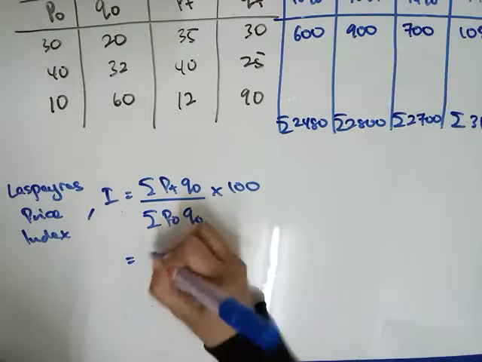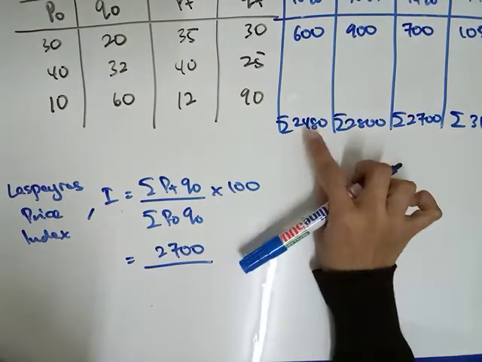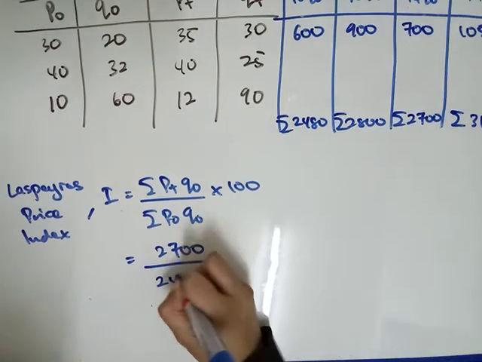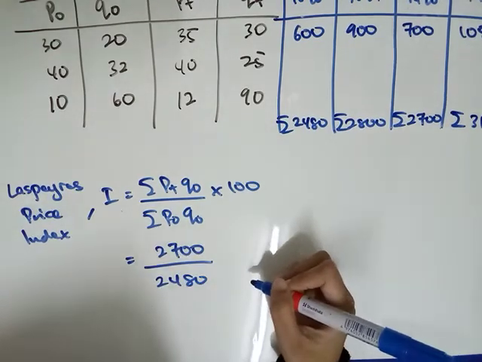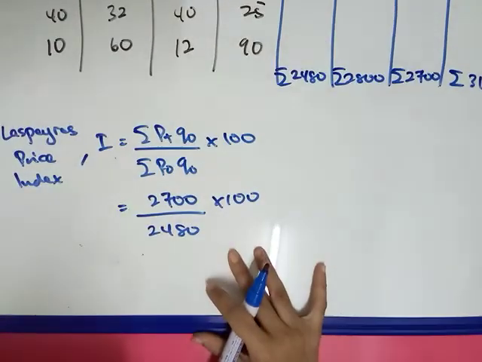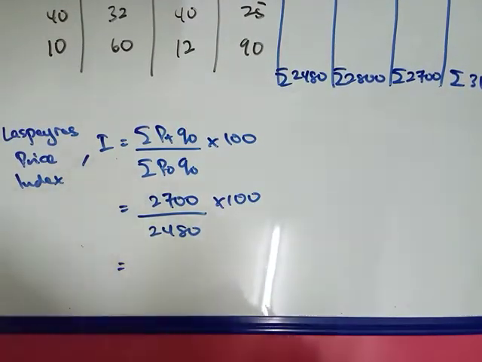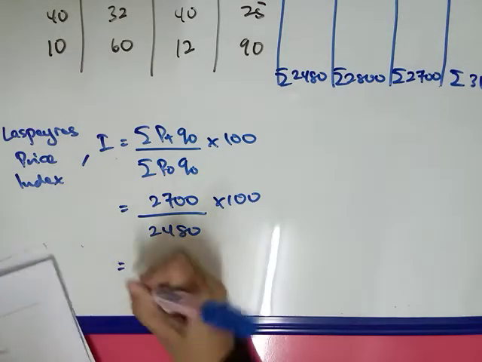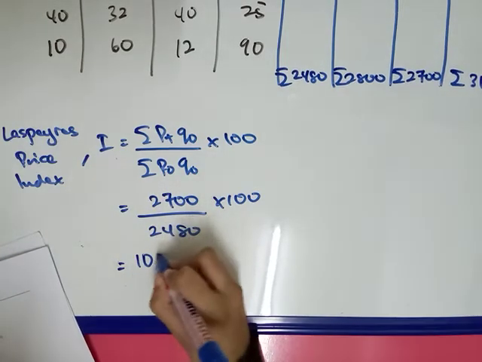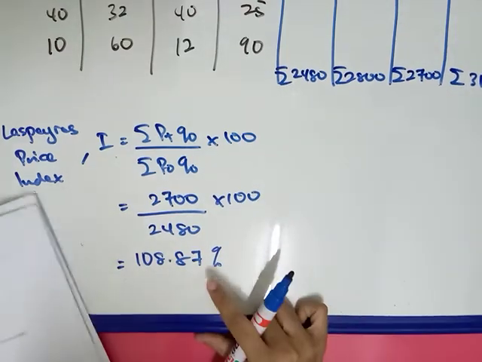Okay, 2700 divided by P naught Q naught, which is 2480. Then multiply with 100. Okay, you will get the answer. What's the answer? The answer is 108.87%.